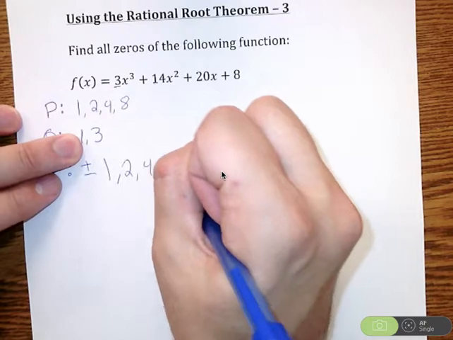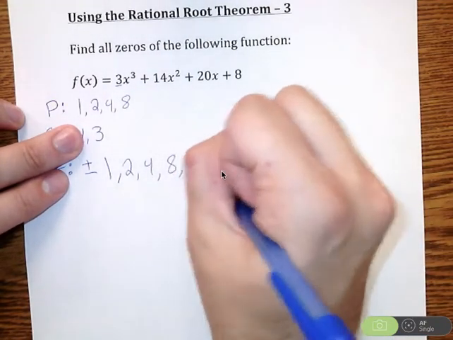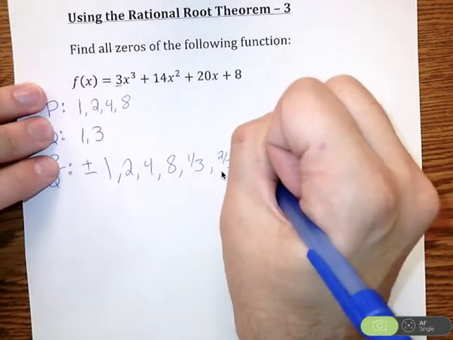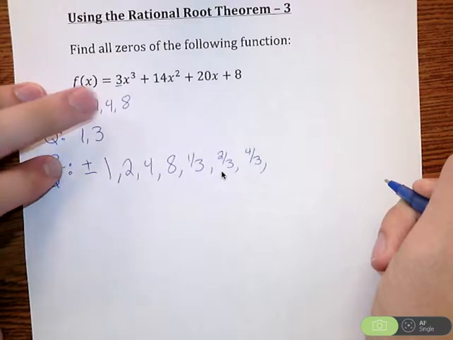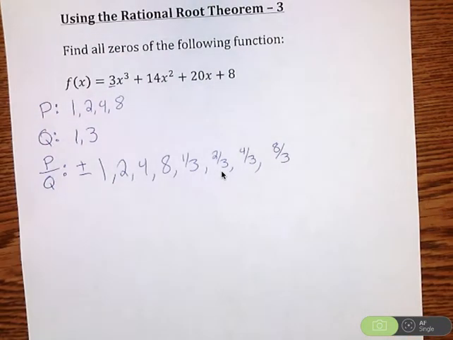So 1 divided by 3 is 1/3. 2 divided by 3 is 2/3. 4 divided by 3 is 4/3. And 8 divided by 3 is 8/3. So this list is the list of all possible rational zeros I'm going to get for this function.